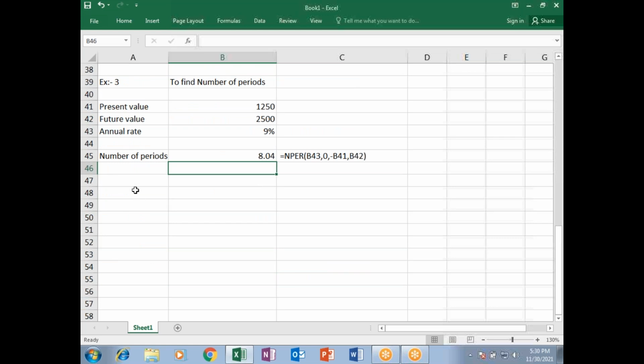So next example we do is to find the interest rate.